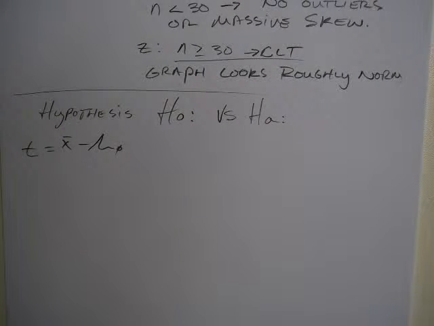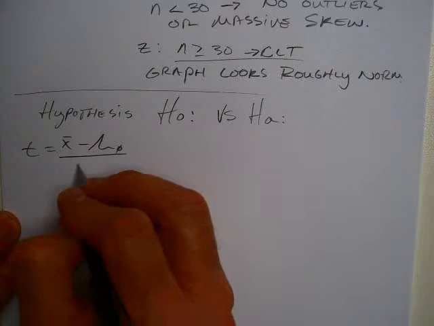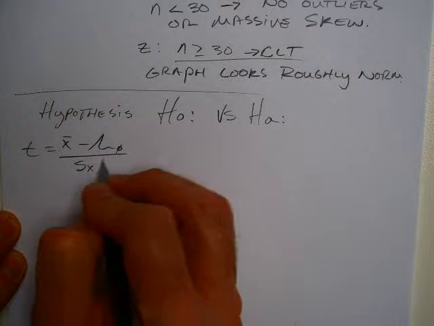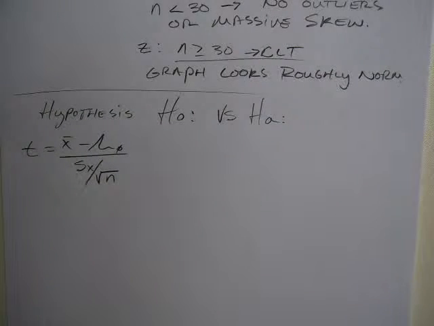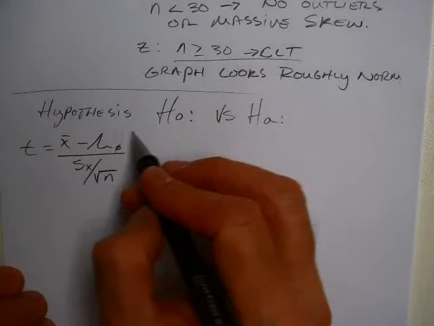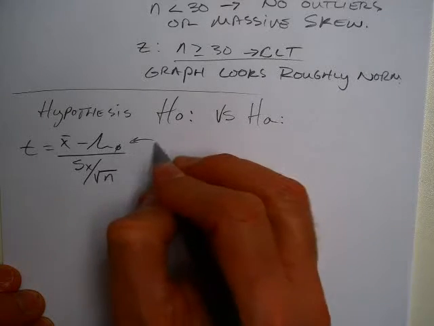That's just the claim. It's what the claim was made to be, over Sx divided by square root of n. So it's the same calculation as we had in chapter 7. This really isn't any different. It's just whatever the claim is. It's the value of the Ho. So this is the claim.